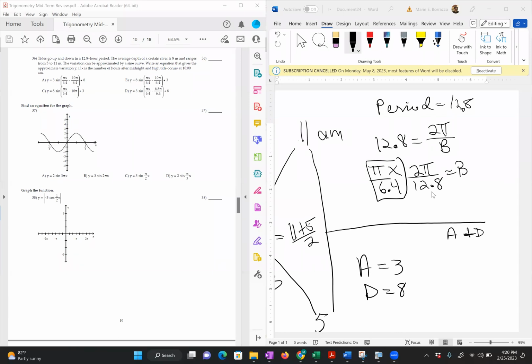It ranges from 5 to 11, okay? And then the variation can be approximated by a sine curve. So as I'm thinking about the amplitude, there is a slight phase shift, I want to say of 6.8, and all I did was work backwards.